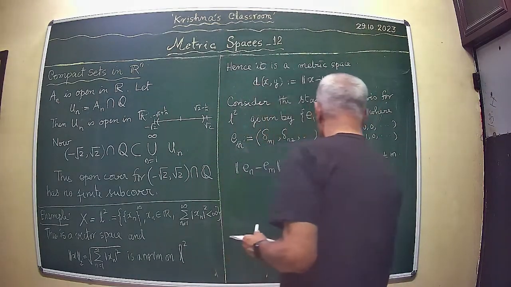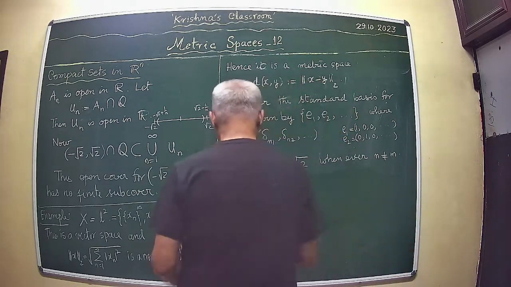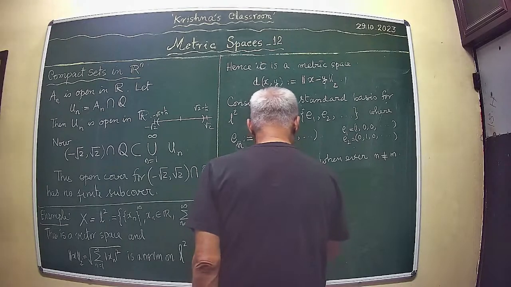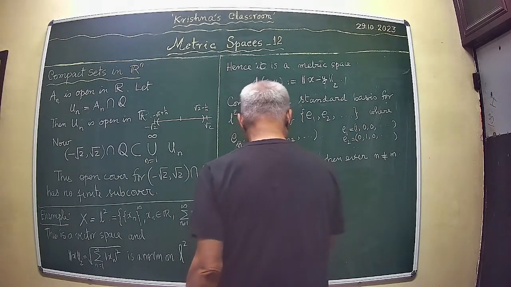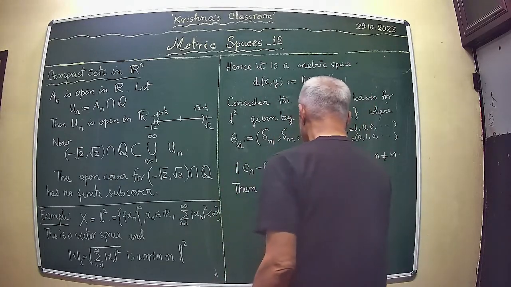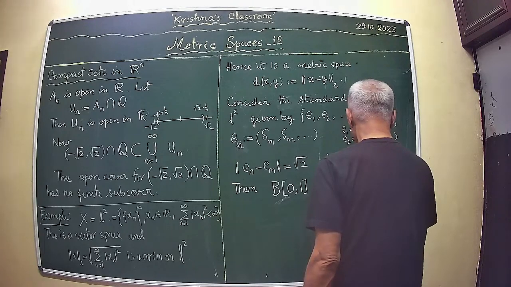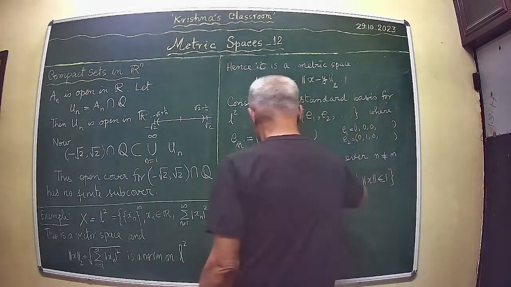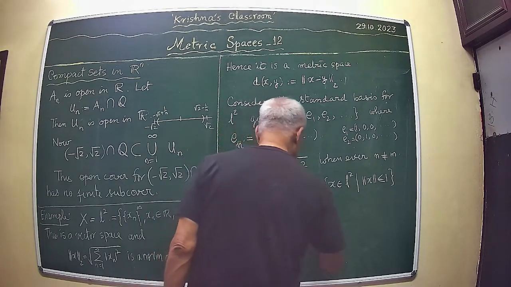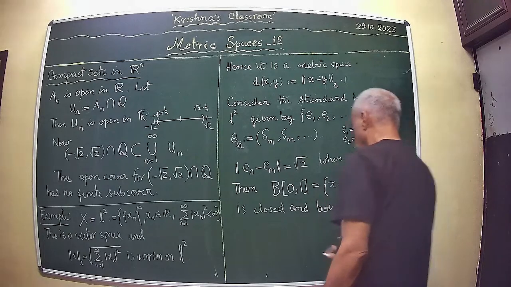Right, before that we claim that B[0, 1], which consists of all those x belonging to L2 such that norm of x is at most 1, is closed and bounded but not compact.